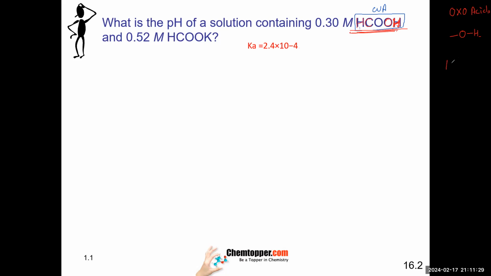Otherwise, if I say HNO3, children, is this hydrogen bonded to nitrogen or oxygen? In HNO3, Nivriti, is this hydrogen bonded to nitrogen or oxygen? Yes, anyone?